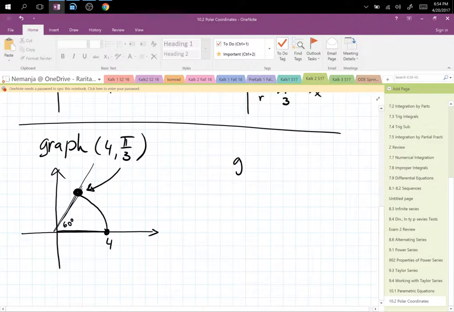All right, let's see, graph (-2, pi over 4).